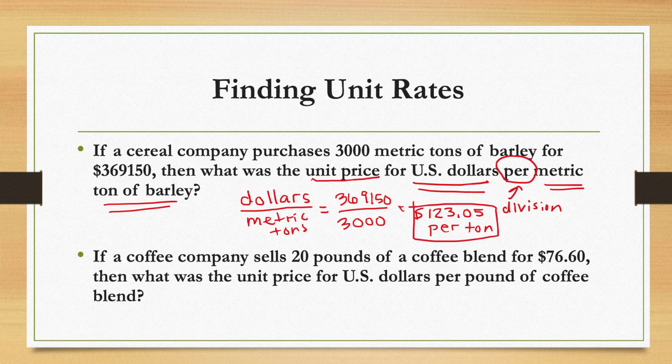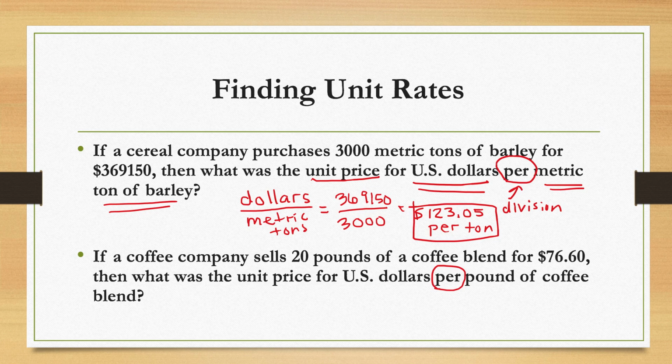All right, let's look at the second one. If a coffee company sells 20 pounds of a coffee blend for $76.60, then what is the unit price for US dollars per pound of coffee blend? All right, so again, we know that the word per is going to be the dividing line in the fraction.